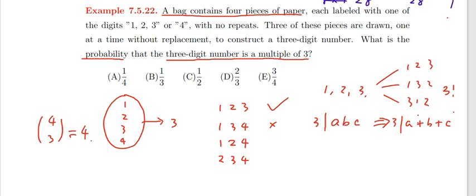Right? Okay, so we find this one is okay, this one is not okay. So among the 4 cases we have 2 of them okay, right? So the probability is 2 over 4, or 1 over 2.